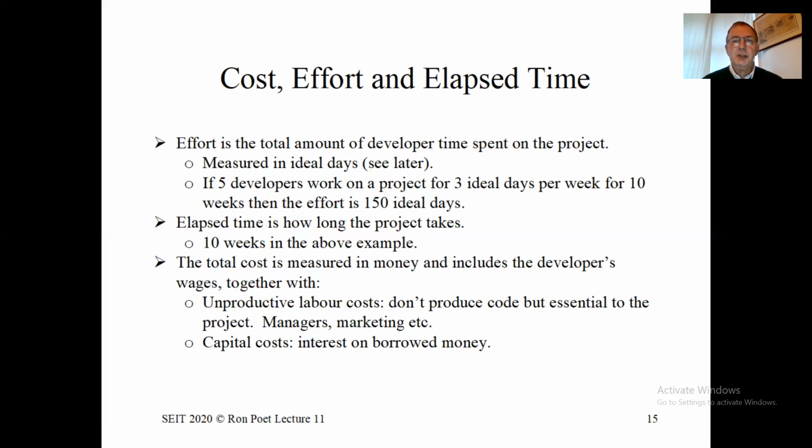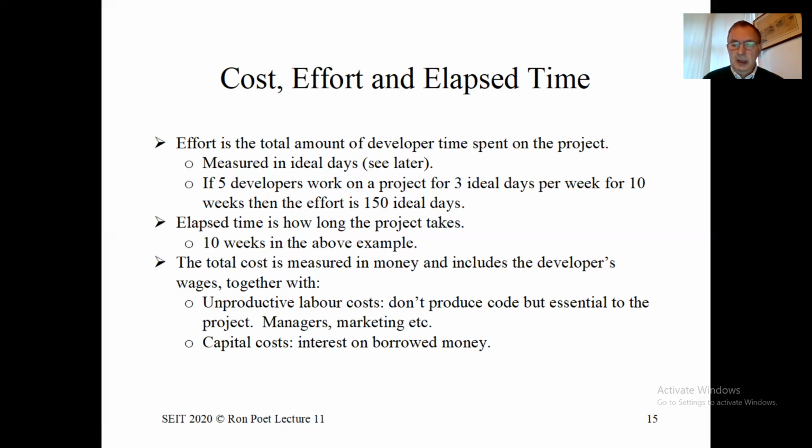You'll need managers, salesmen, marketing people, HR, secretaries and the like. So all of these are called unproductive labor costs. That's the technical term. They are productive, they're just not producing code. Then there's capital costs, interest on borrowed money, and then there'll be accommodation, equipment, and stuff like that.